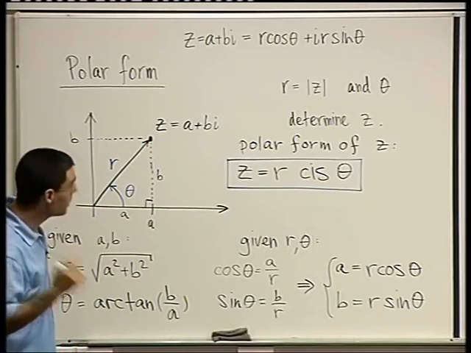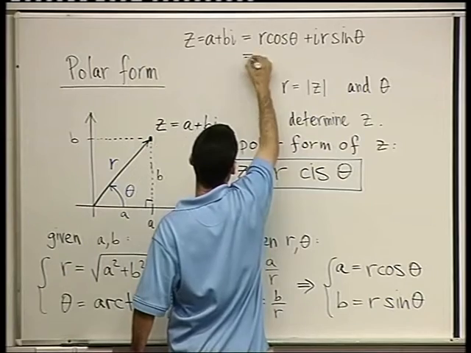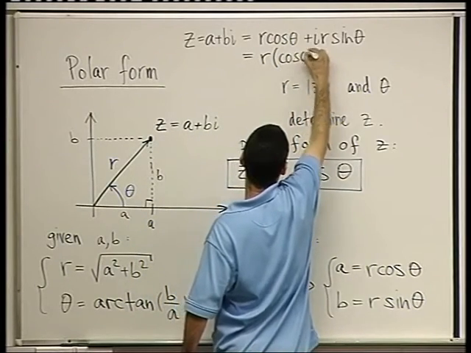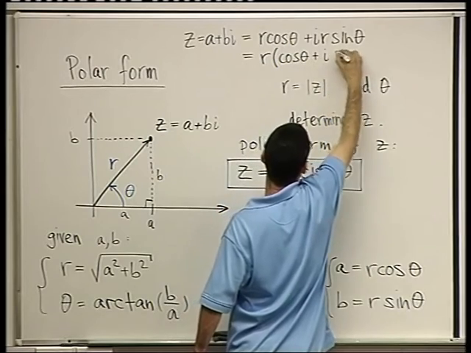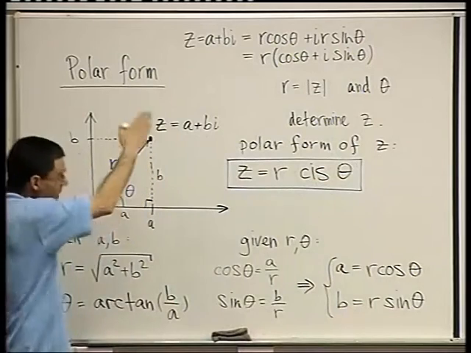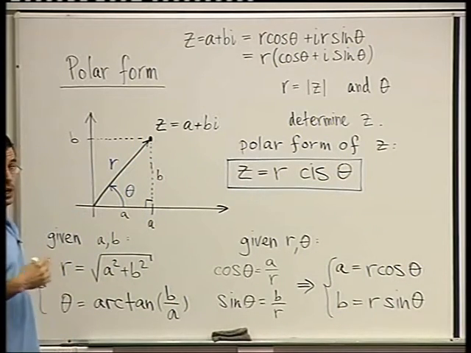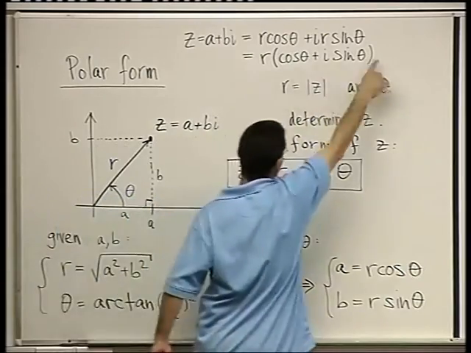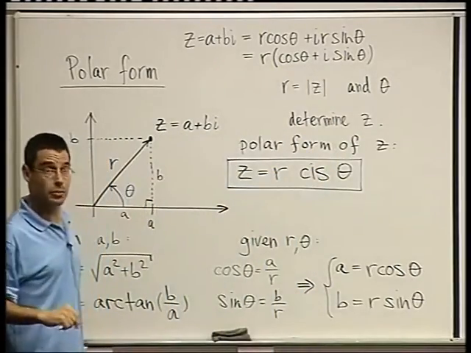And therefore, we can pull this R out, and we have R cosine theta plus i sine theta. This is the polar form of a complex number, and it's abbreviated because it's kind of long, and one gets lazy to write it like that.